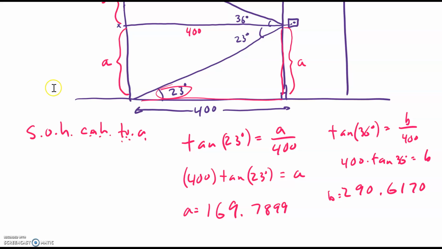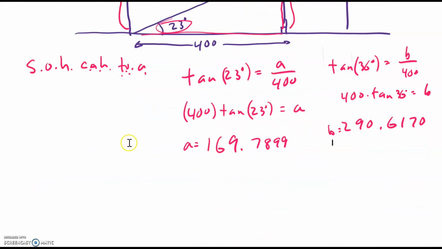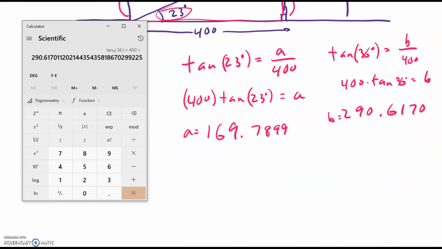So I'm almost done. The height, this part A is about 169 feet. B is about 290 feet. Add them together, and I've got the height of the tower. One more time, back to the calculator. 169.7899 plus 290.6170.